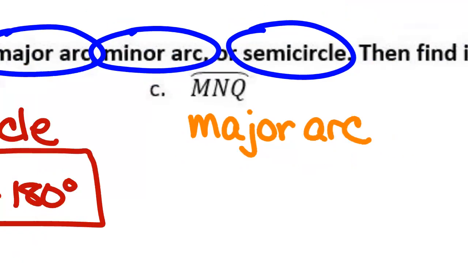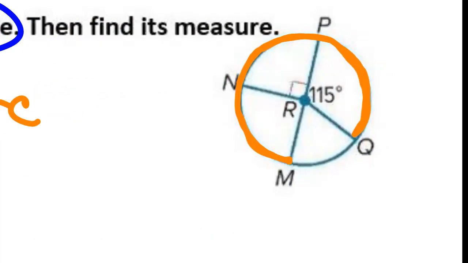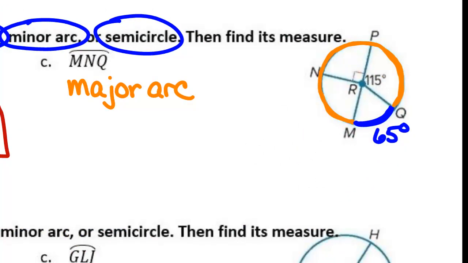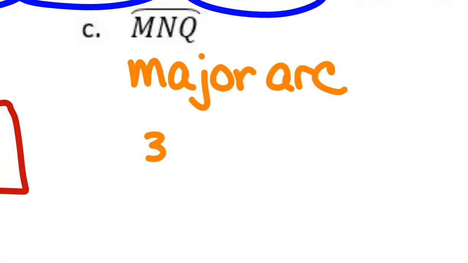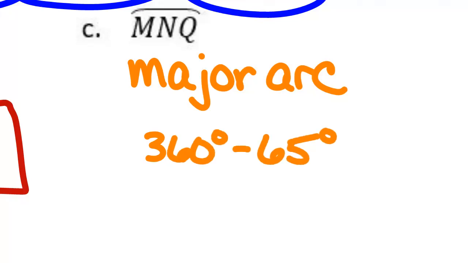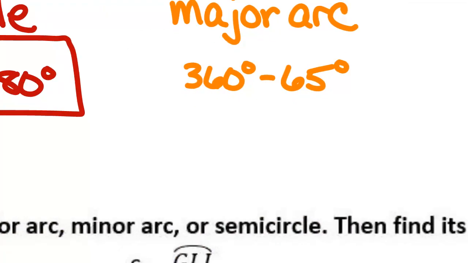It's more than 180 degrees. Well, how big did we say arc MQ was? 65. So how could I find the measurement of MNQ? Yes, 360 minus 65. And what is 360 minus 65? 295.